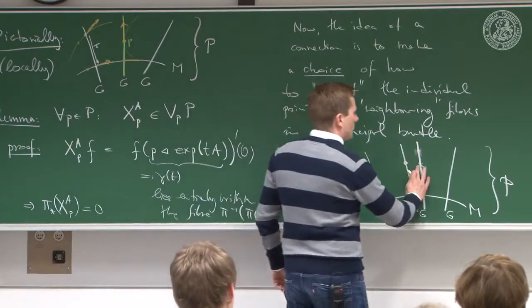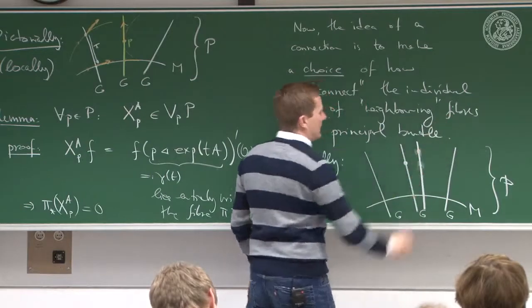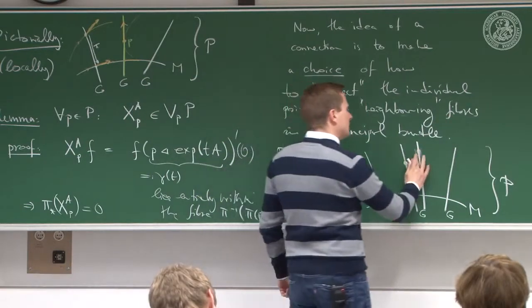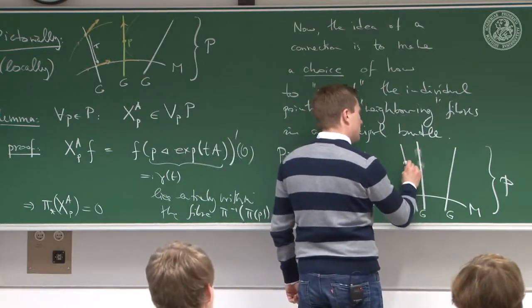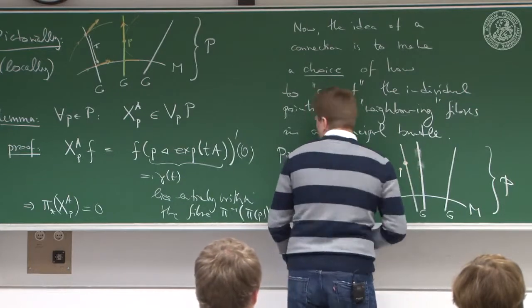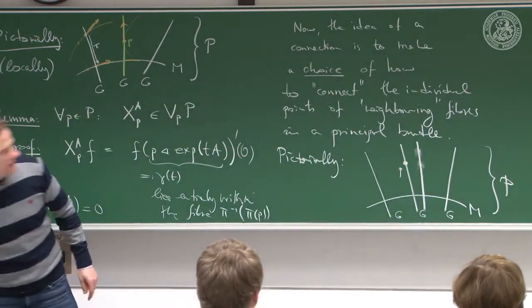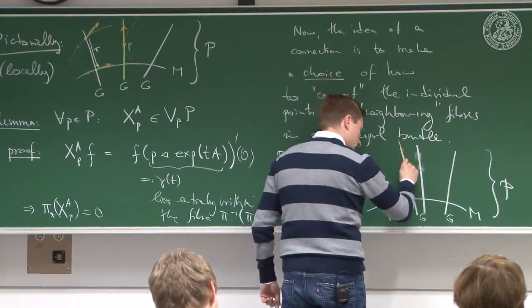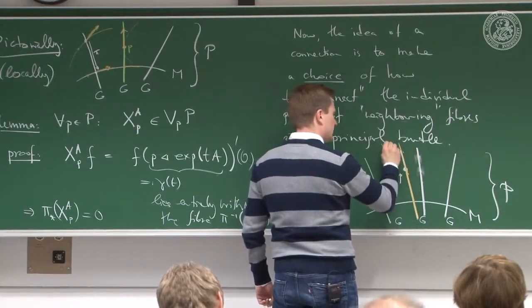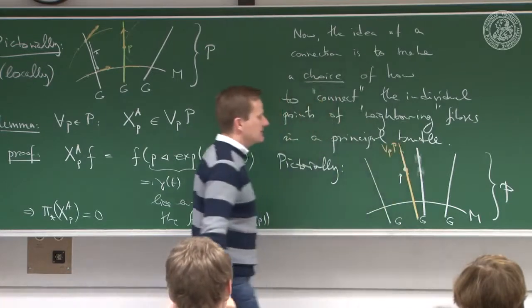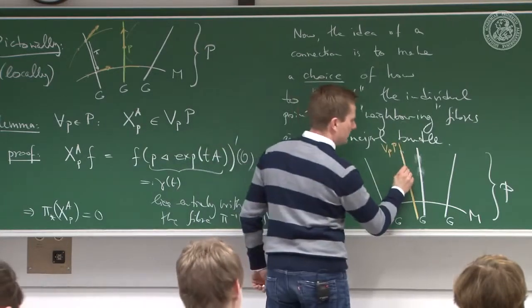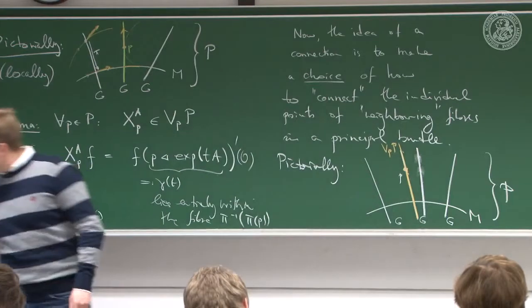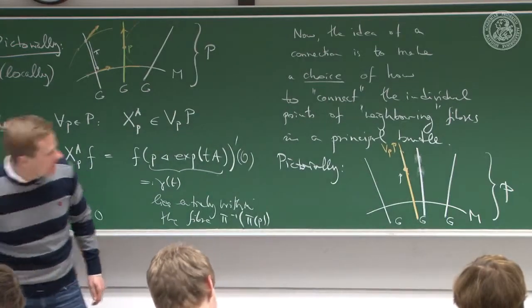Now, what do we mean by nearby fibers? Well, we mean a linearization. That means if I'm at this point here, p, and I look at this subspace here, which is, of course, V_p P, the vertical subspace at this point p, then I make a choice, and that is the choice I'm talking about.